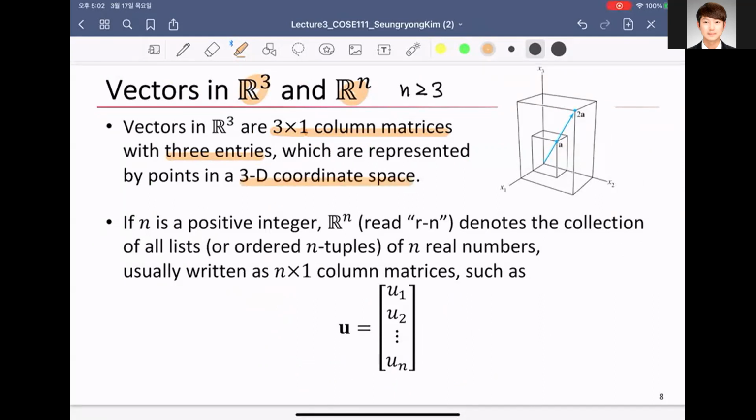So a vector in this R3 space is going to be a point or an arrow in 3-dimensional space. Compared to the 2-dimensional R2 space, R3 space is going to be 3-dimensional. And R4 or R5 would be 4-dimensional or 5-dimensional space.